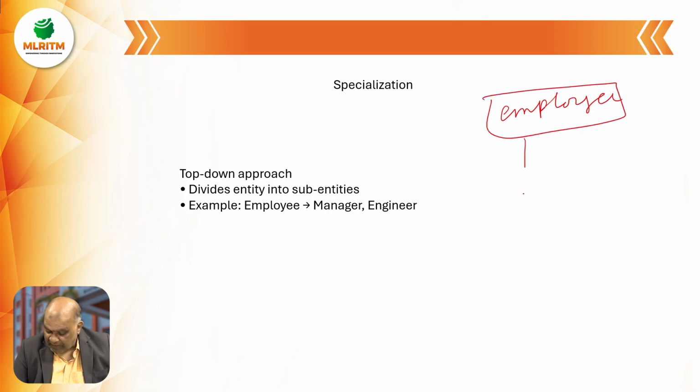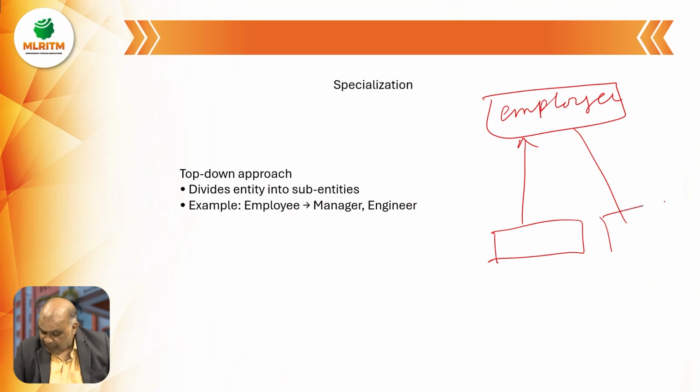From this employee entity, we are going to maintain two different derived entities, which are called manager and engineer. That means we are going to classify some of the employees as manager and some of the employees as engineer. So we are dividing this one entity into sub entities, right?